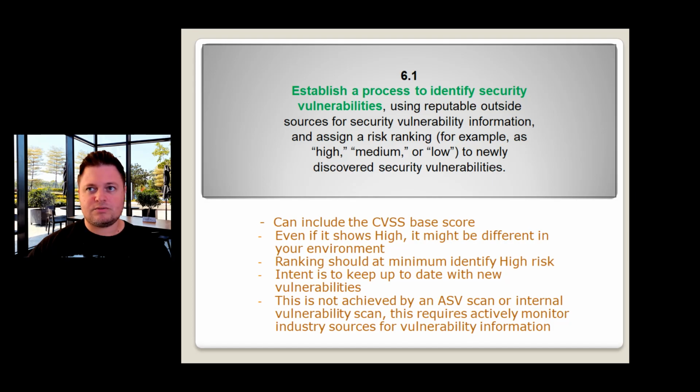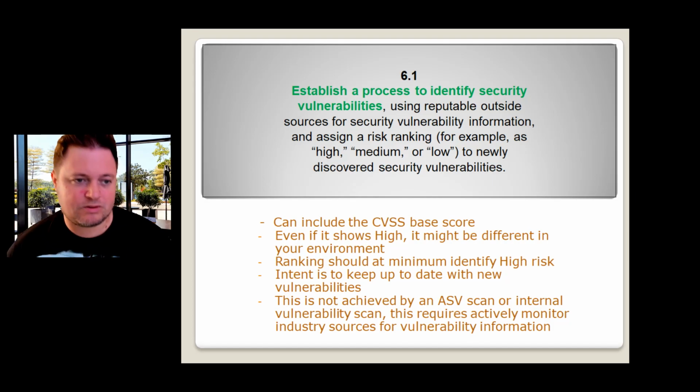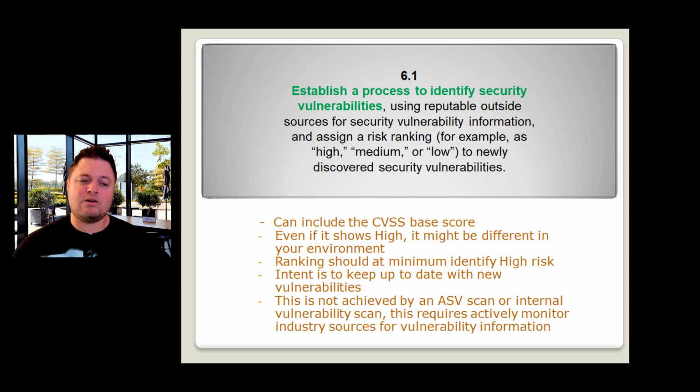When I read that, I started rethinking the whole process of establishing a process to identify vulnerabilities, and then I reread 6.1 again. And then it says using reputable outside sources for security vulnerability information. And I was like, the intent is to keep up to date with new vulnerabilities.